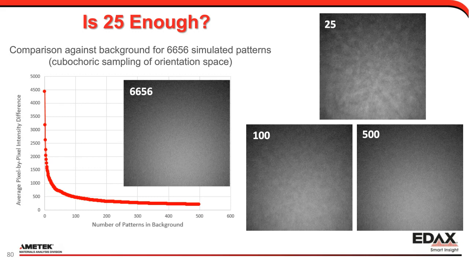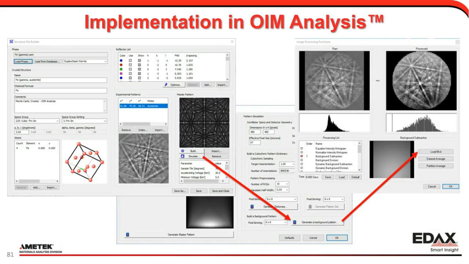We have the ability to simulate backgrounds, and then you can pull those into the reindexing routine so that you can use the right background, if you have some other input like I suggested, EDS results, to decide which background you use for which patterns. That can really help get more reliable results.